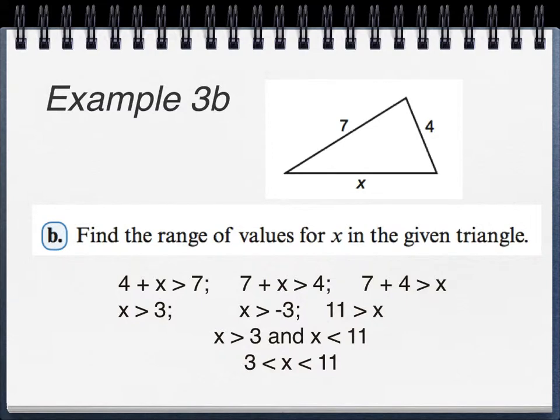The middle inequality we can get rid of, x is greater than -3, because of course a side length has to be greater than a negative. But putting the first and the third inequality together as a conjunction, you can write it as 3 is less than x is less than 11. Okay, that means x is between 3 and 11. It's greater than 3, but less than 11.